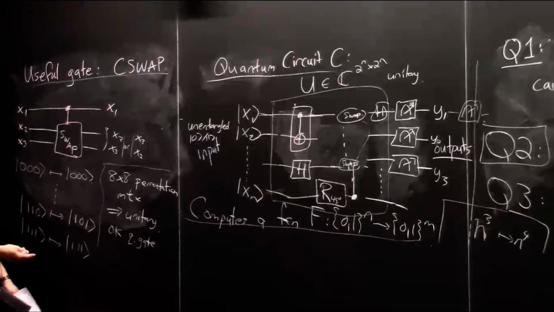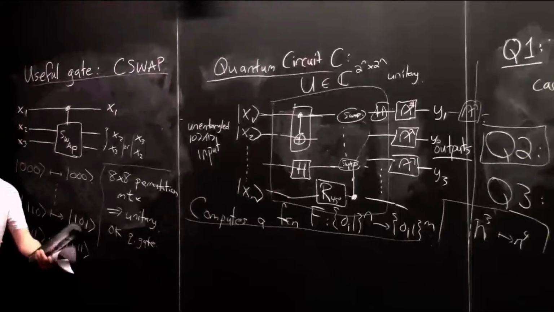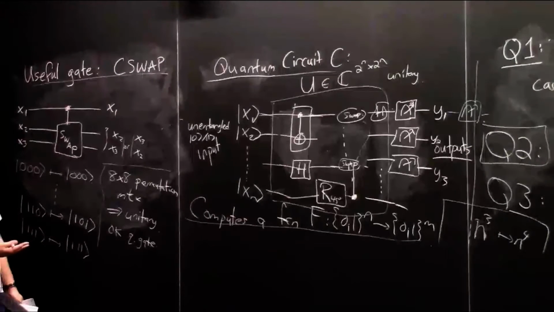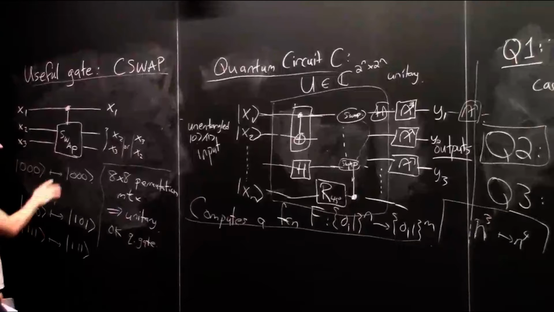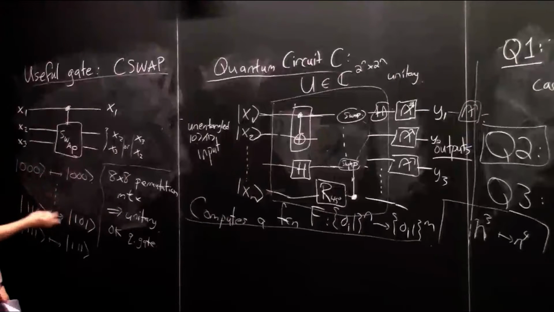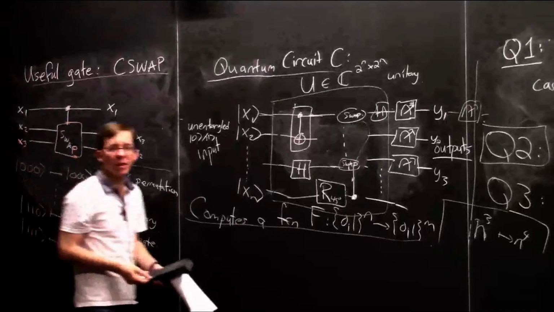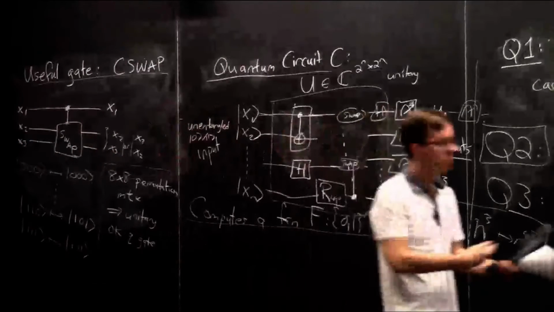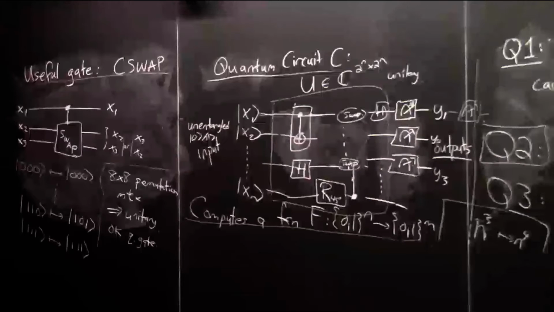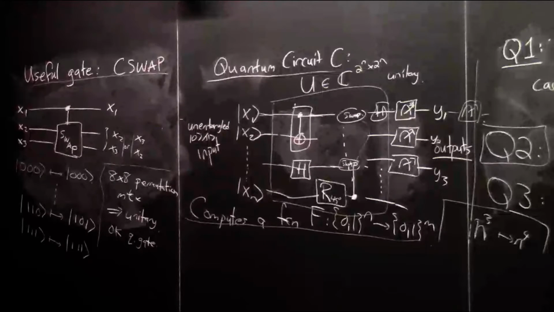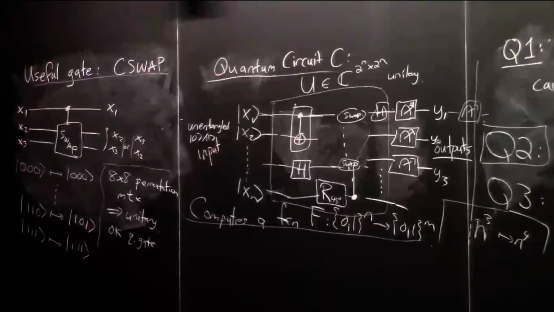And then that will prove that quantum computers can simulate classical computers, because you'll have a quantum circuit that only uses these kinds of permutation gates, so it'll basically be a classical reversible circuit, but in particular it proves that quantum computers can simulate classical ones. So let's do it.